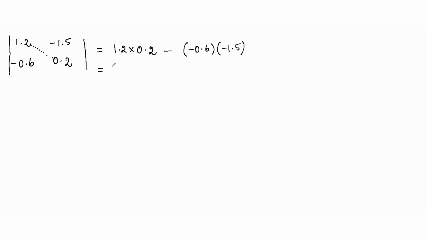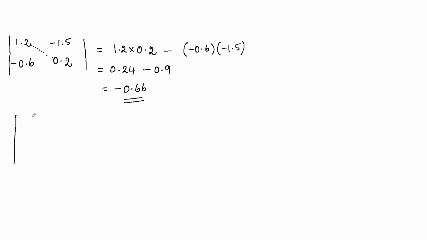So 1.2 into 0.2 becomes 0.24. Minus into minus is plus, plus into minus is minus, and 0.6 into 1.5 is 0.9. And therefore the answer is minus 0.66. So the best way to avoid any errors is to write the product of the two terms and then just add a minus sign in between.